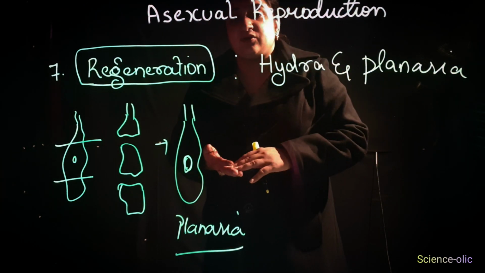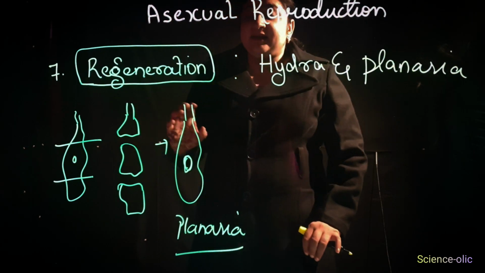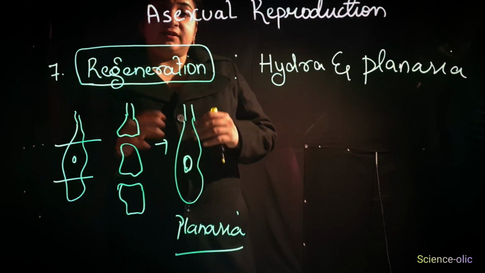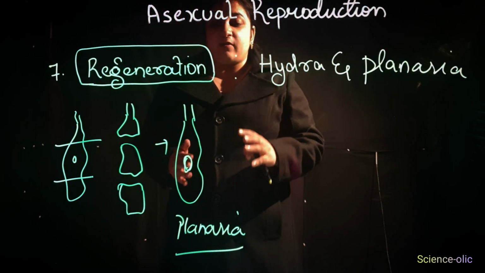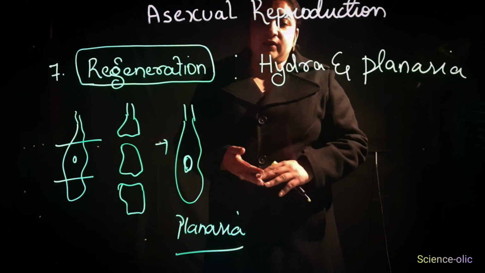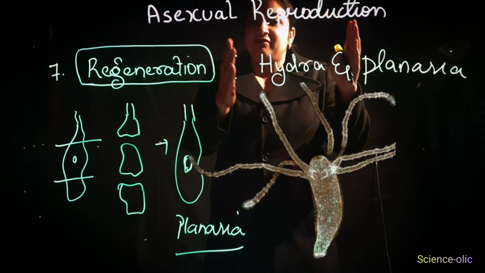If our brain stops, we will die, as new cells will not be generated. But in smaller organisms, new cells are formed. The cell form will change and form the whole organism. Understood? Similarly, it will occur in hydra. This is all about asexual reproduction.